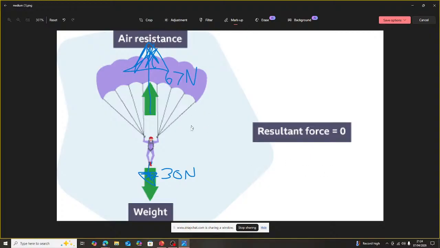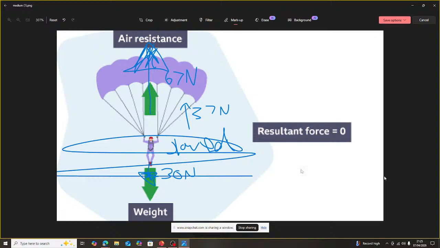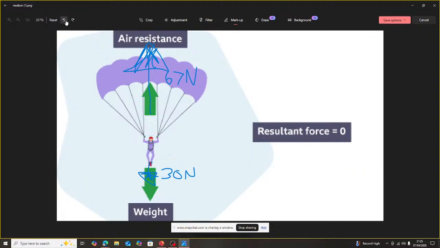So that means that there is a resultant force upwards of 37 newtons. The forces are unbalanced, and what happens to his movement? It slows down. Slows down or decelerates? So then, as he slows down, he hits less and less air particles.